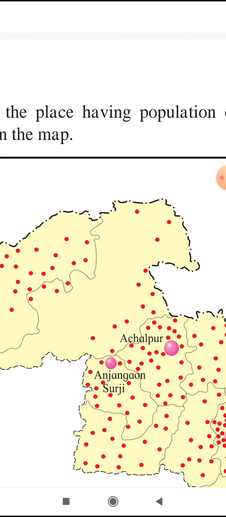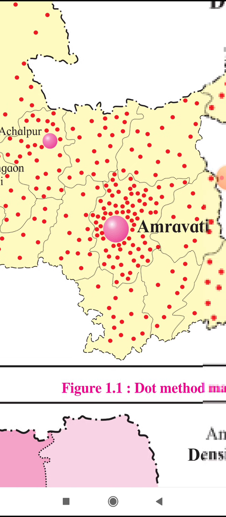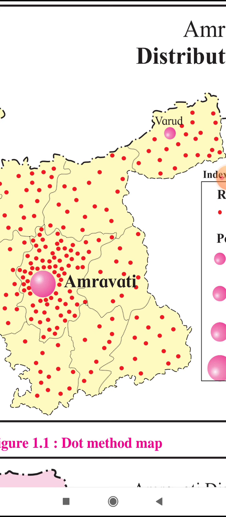So how much is the population? It is 1 lakh for 10 dots, so 1,20,000. So in this way, students, you can count the data and write the exact population of the district.